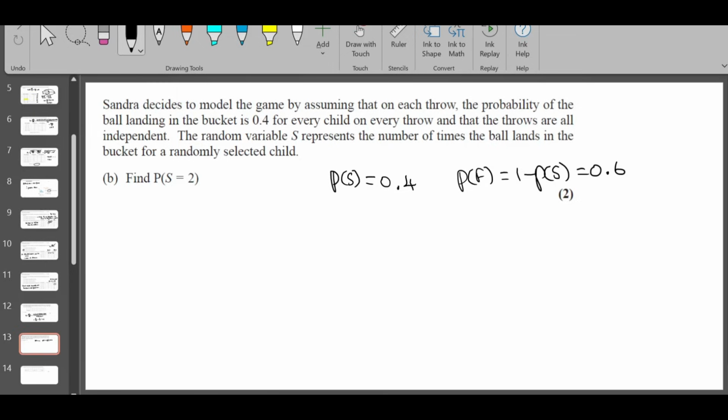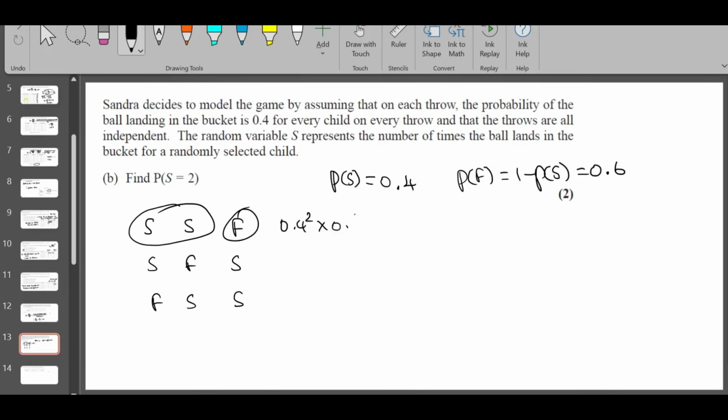The random variable S represents the number of times the ball lands in the bucket for a randomly selected child. The ball lands in the bucket 2 times, that means 2 successes out of 3 throws. It can be success, success, failure, or success, failure, success, or failure, success, success. There are 3 combinations. The probability of success here is 0.4 times 0.4, and the probability of failure is 0.6.